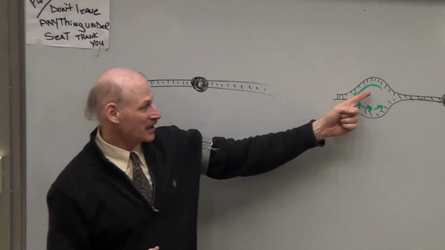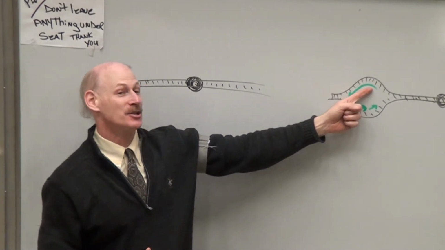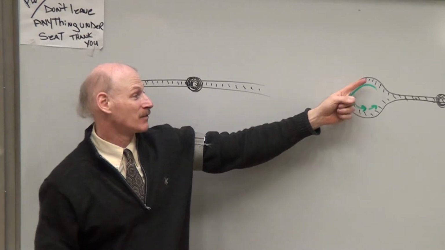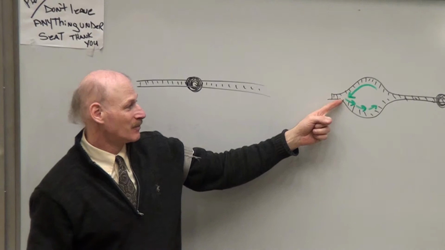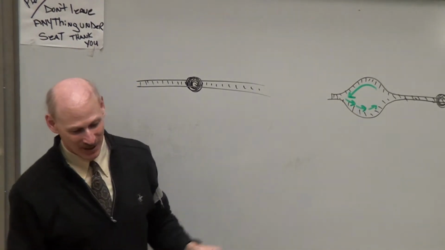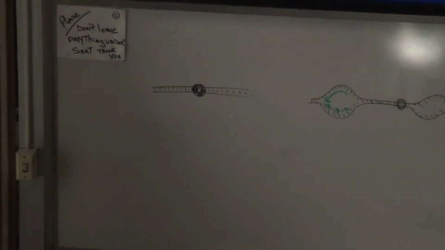And the reason why you have that is the DNA polymerase 3 enzymes have to construct the new strand in the 5' to 3' direction. And for this template strand, that's in the direction of the replication fork. But for this template strand, that's away from the replication fork. And so you get this discontinuous making of the new complementary strand on the lagging strand, which is the bottom one there.